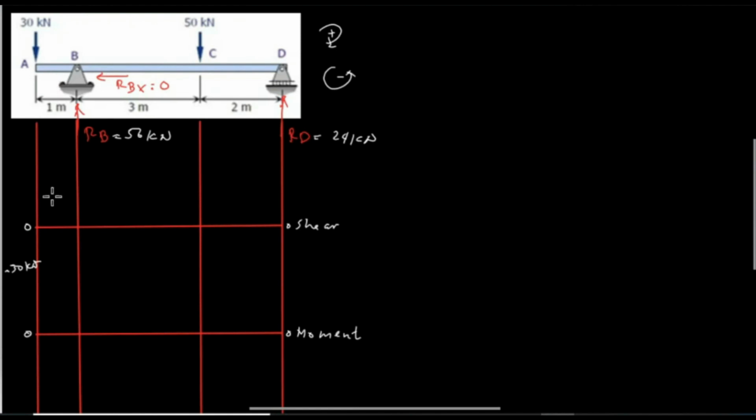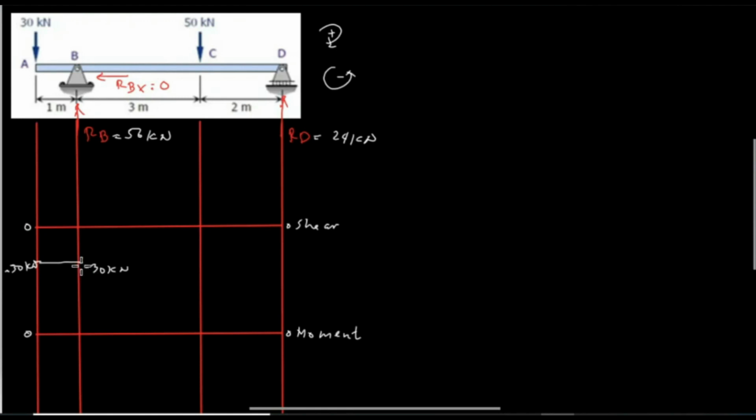So therefore, the value for shear from A to B is the same as at point A, which is negative 30 kilonewton, and will produce a horizontal line. And this is also negative 30 kilonewton at point B, which means from A to B, the shear force value is negative 30 kilonewton.